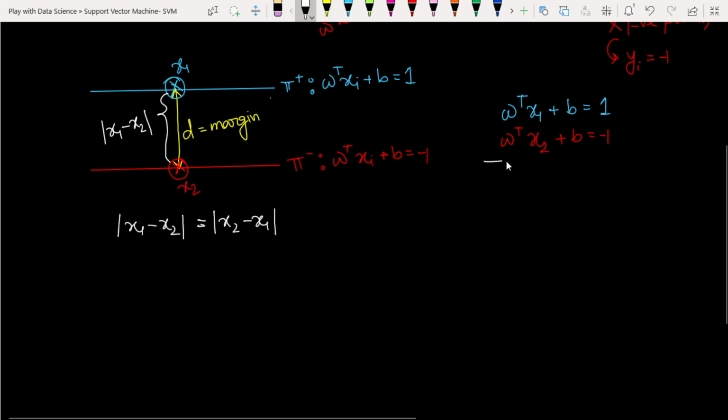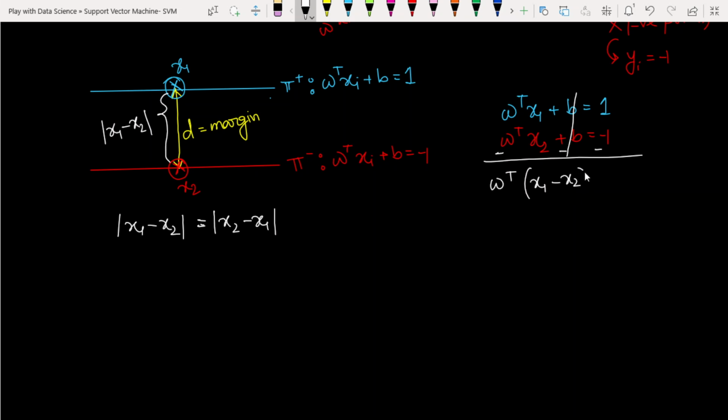If we subtract these two equations, the b terms cancel out, and taking w transpose common, w transpose times x1 minus x2 is equal to plus 2.